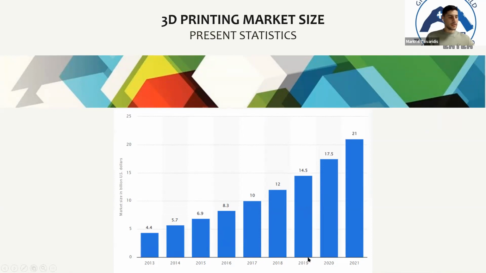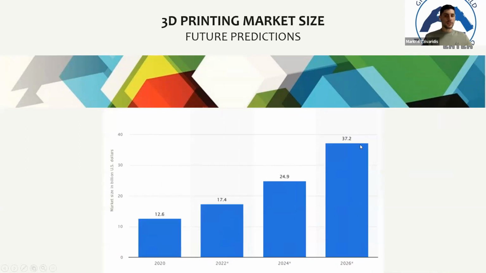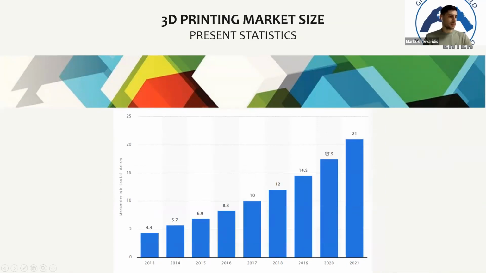And at 19, it got quadruple. And now the market size is estimated to be close to $21 billion. And of course, the future predictions estimate the corresponding type of growth, basically predicting the same as the one here.